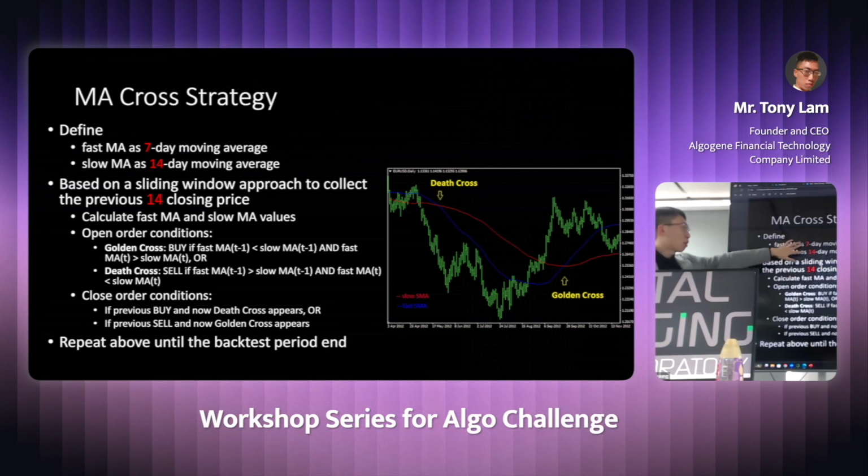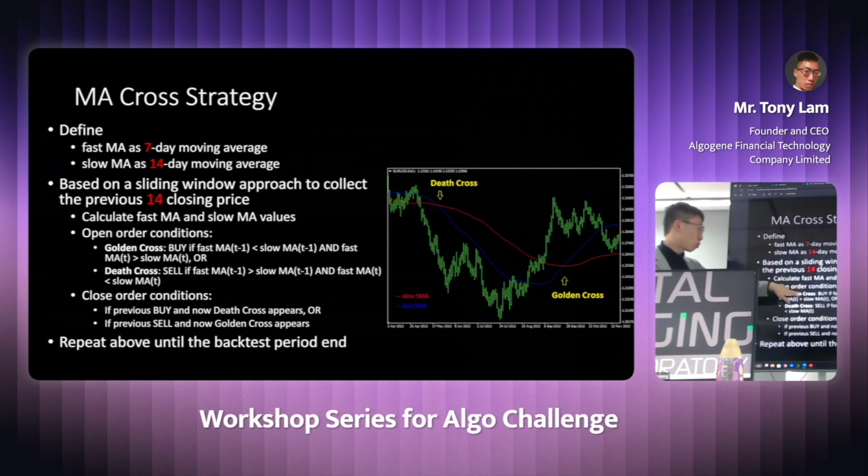Because we take the maximum of these two numbers, that is the previous 40-day observations. Then we calculate the fast MA and slow MA values, and compare the two values to see whether we have a golden cross. As mentioned, for a golden cross, the previous fast MA is less than the slow MA, but today, fast MA is greater than slow MA. So we have the golden cross.